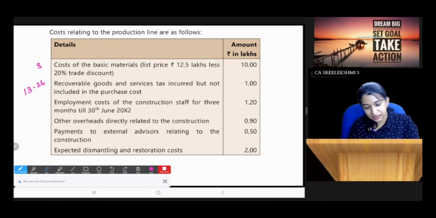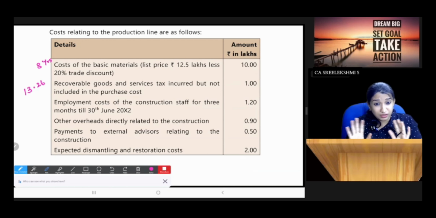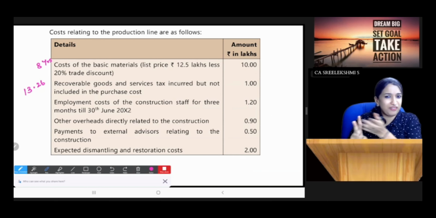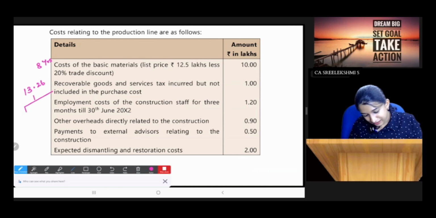So 13.26, what is the useful life? 8 years. Of that 8 years, can you claim one full year of depreciation? No, because April and May was the construction period. The asset is ready to use only from 31st May. So from 31st May, 10 months: April, May excluded, 10 divided by 12. But remember, this includes 3 lakhs of overhauling cost.